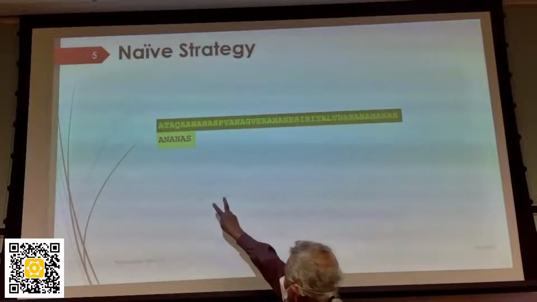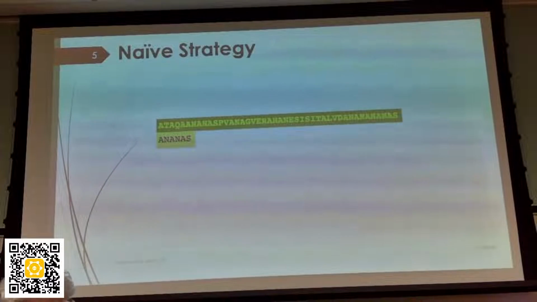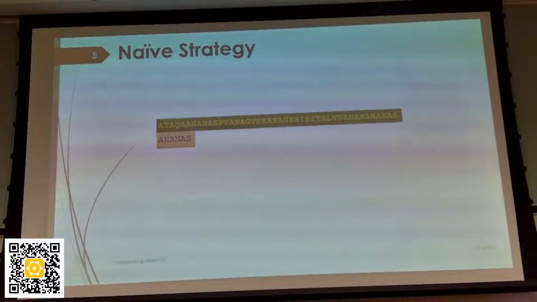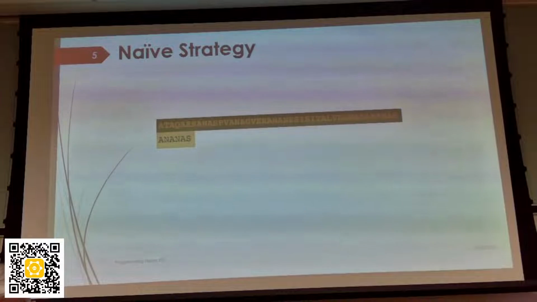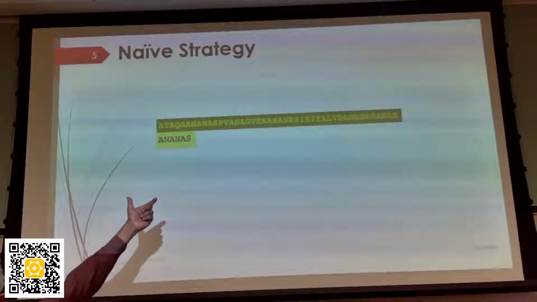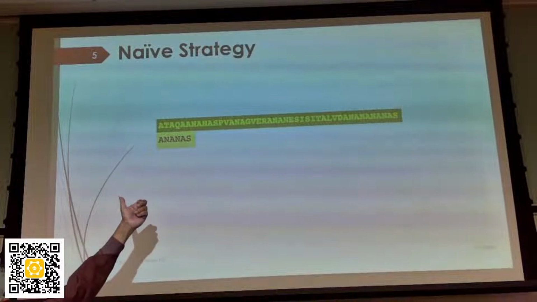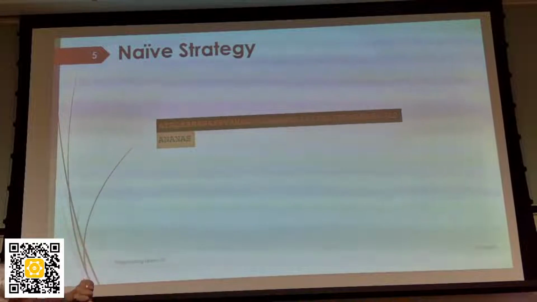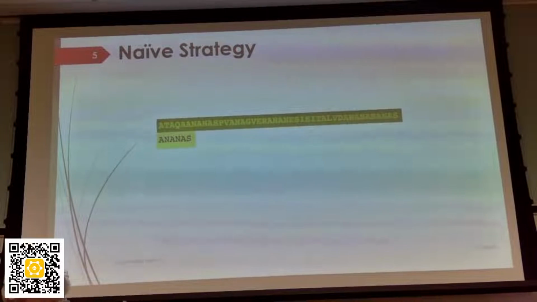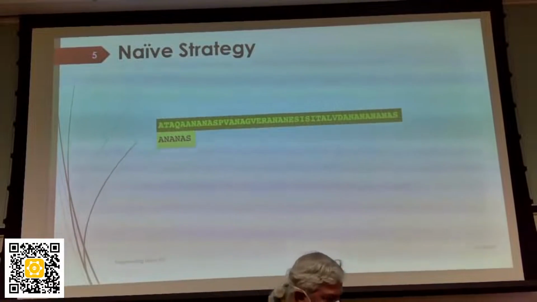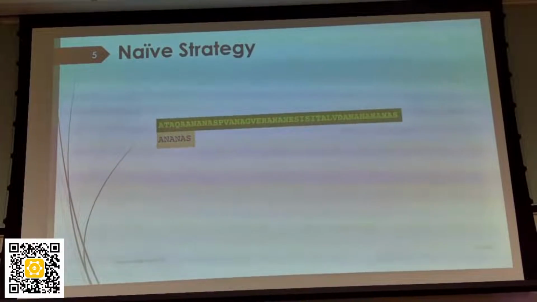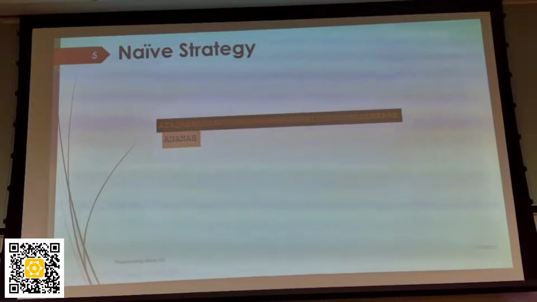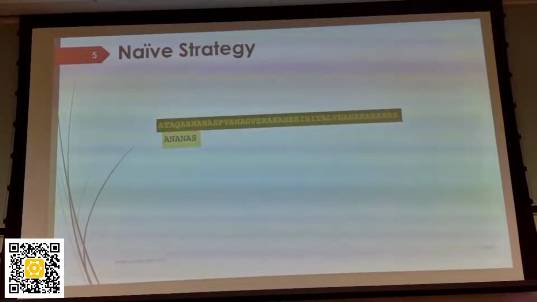And let's say I want to look for the word ananas in this text. So the naive strategy says, go align it with the leftmost thing and compare. So A matches with A, N doesn't match with T, so that's not the right occurrence. So what are we going to do? We're going to slide this over by 1 position and restart the whole process.